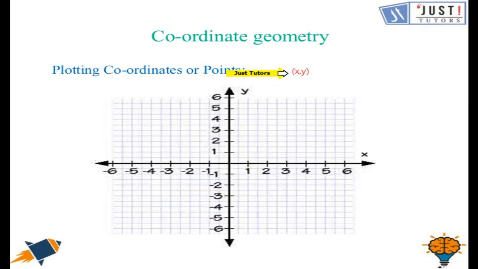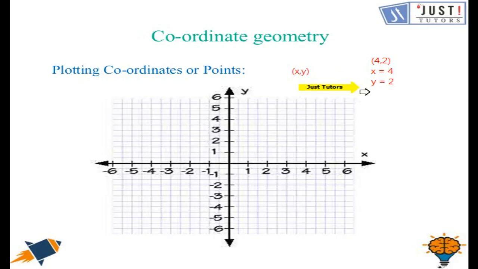This is called an ordered pair, and the numbers are separated by a comma with parentheses around the whole specification. For example, we need to locate or plot the point (4, 2) on this Cartesian plane. So here x means 4 and y means 2.